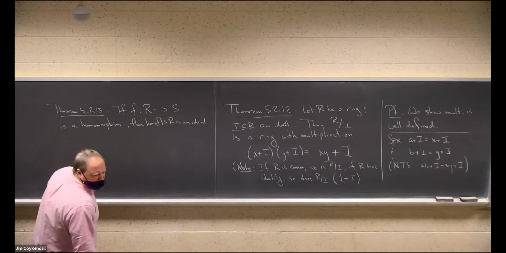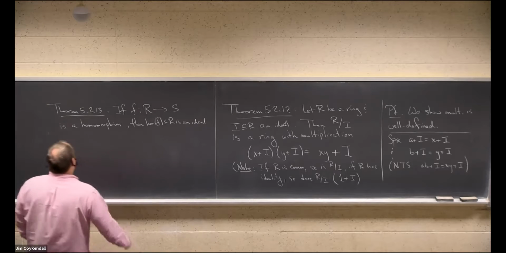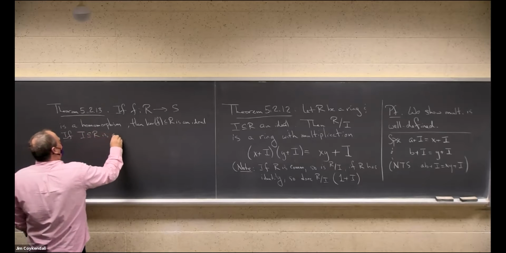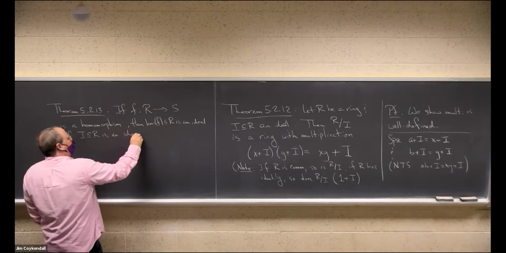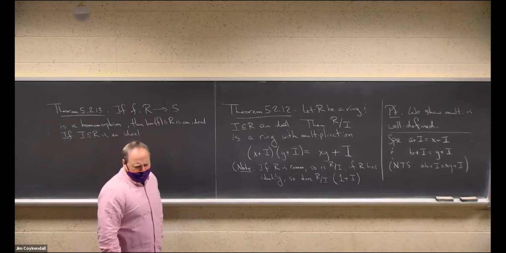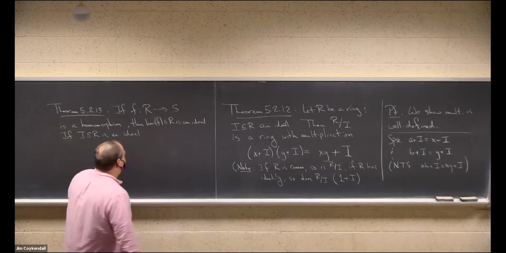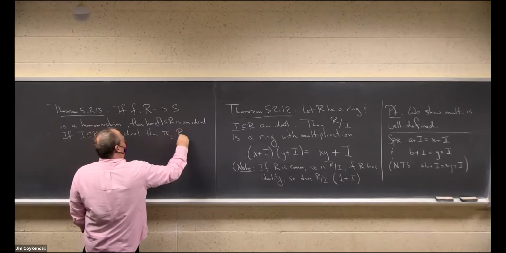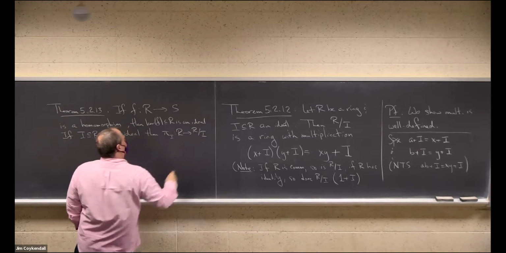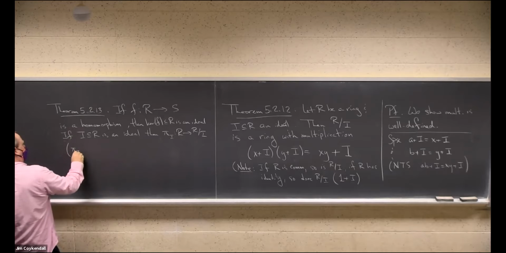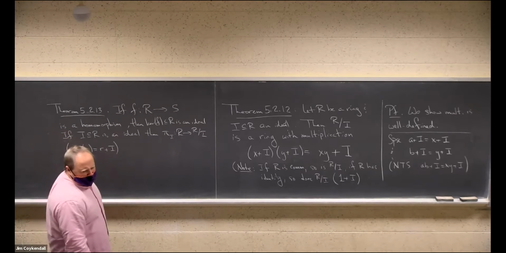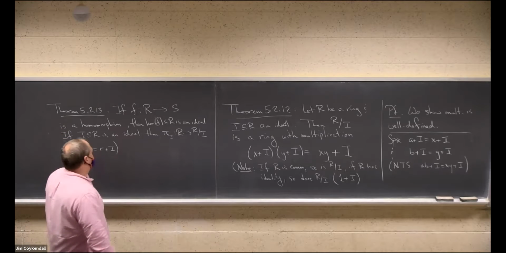And if you have an ideal, on the other hand, if you start with an ideal of R, then the natural map is a ring epimorphism.